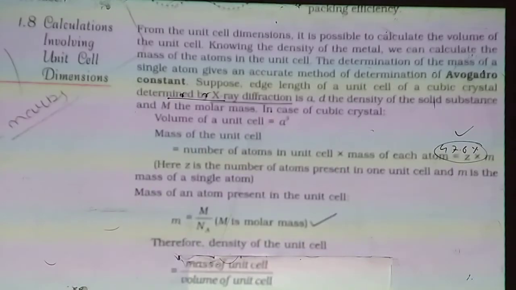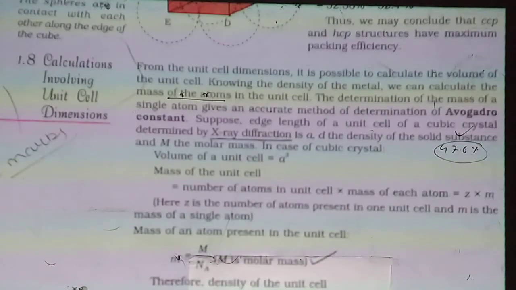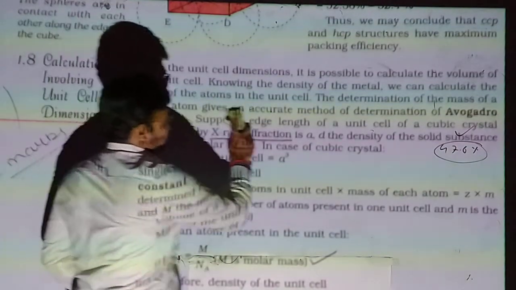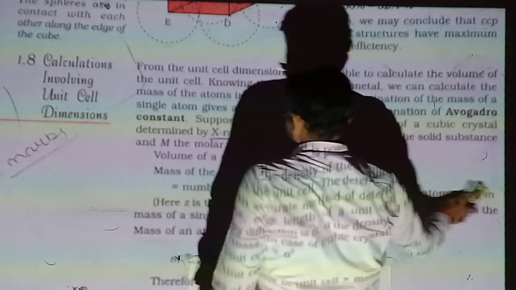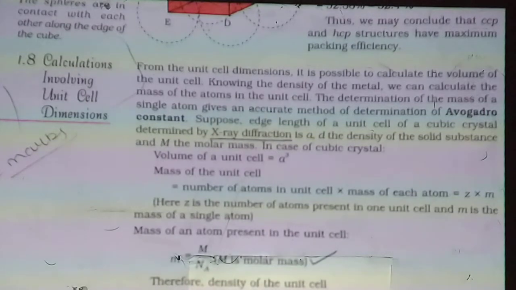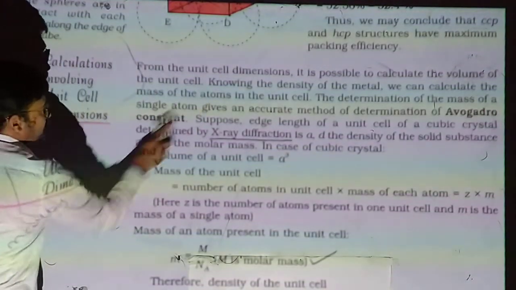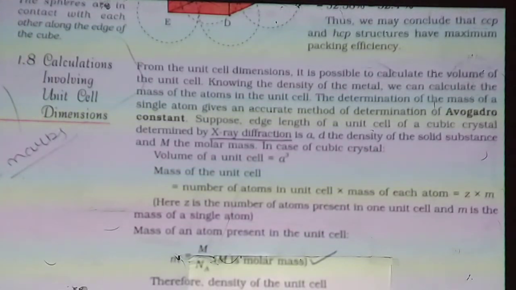Calculation involving the unit cell dimensions. From the unit cell dimensions, we are going to calculate the density of the crystal. We are going to calculate the density of the unit cell.